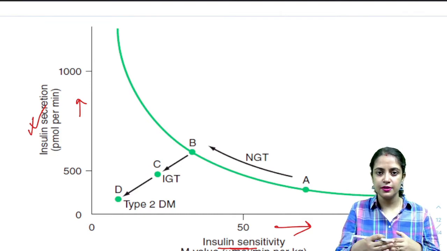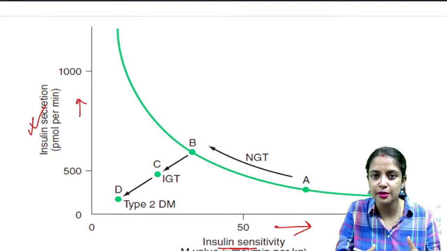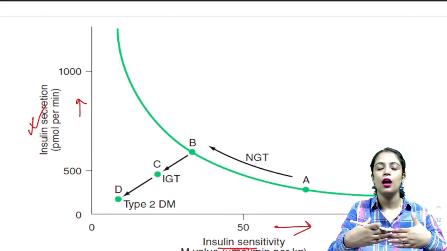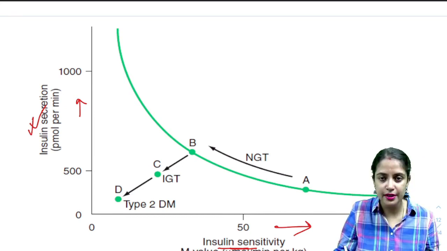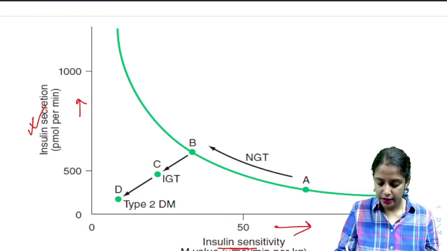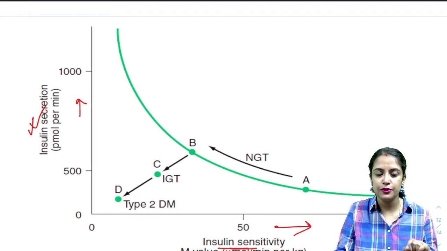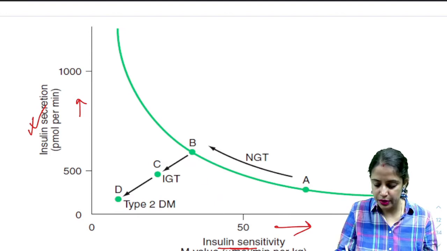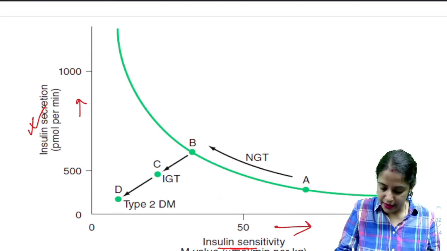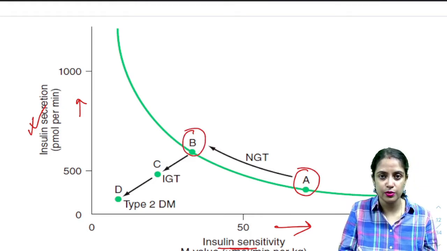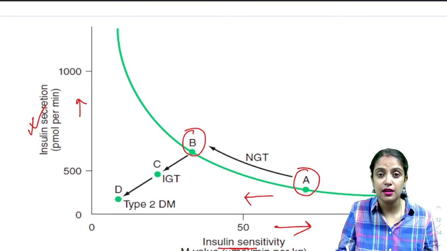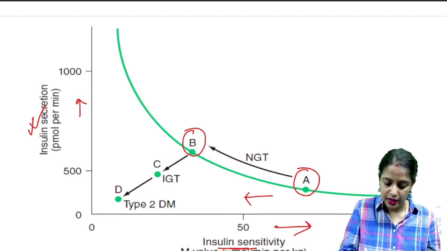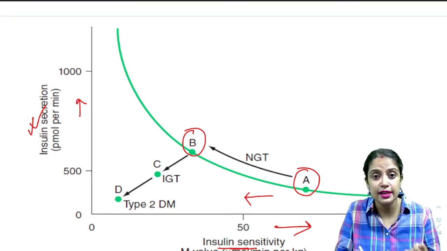If the resistance is more at the receptor level, then the pancreatic beta cell will try to increase the insulin secretion. Over a period of time, as the patient goes from point A to point B, sensitivity gets reduced and insulin secretion increases.